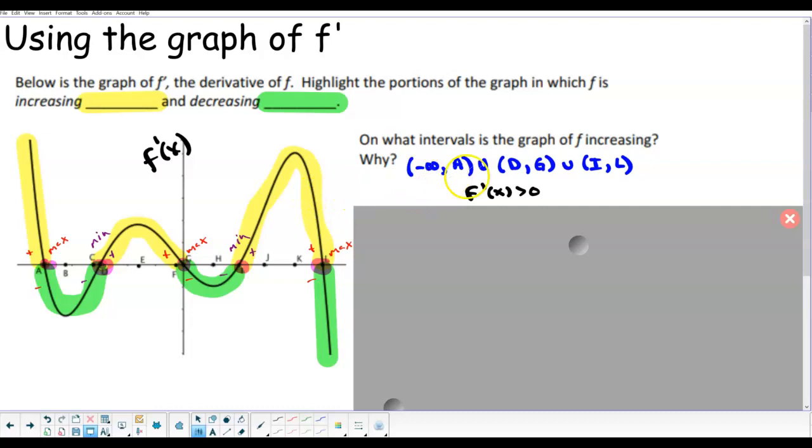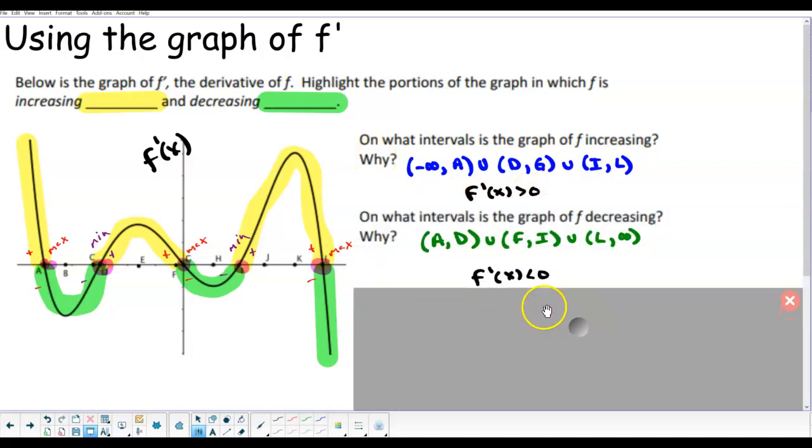So from negative infinity to a, remember we always read a graph from left to right, and we write our intervals involving the x-coordinates. And then we go from d to g, and I to L. Now that's where it's increasing, and why do I know that's true? Because the derivative is greater than 0.